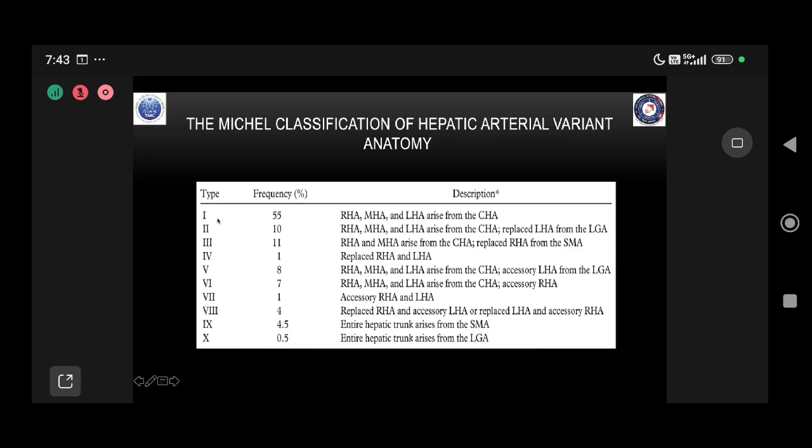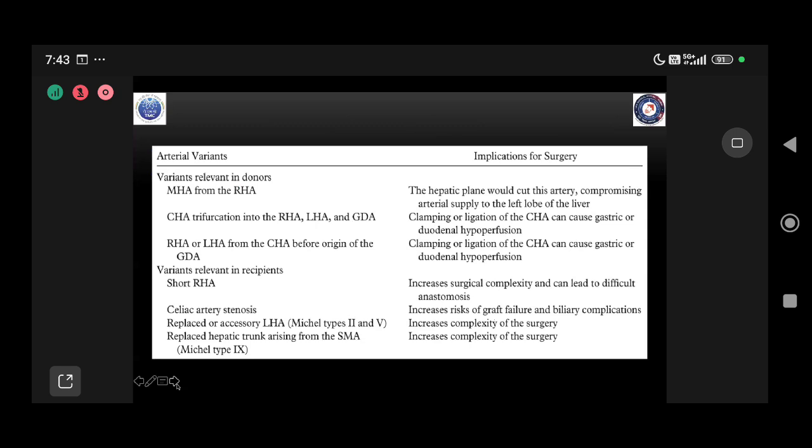And if you notice, the frequency of the most common type of branching is still only 55%. So all these are still significantly encountered, and so you have to be aware, identify them preferably on a CT scan, and during surgery, this helps us give a roadmap.